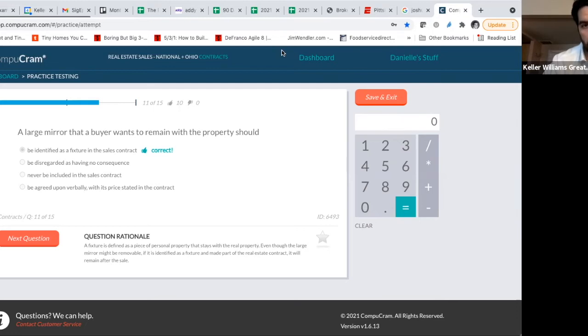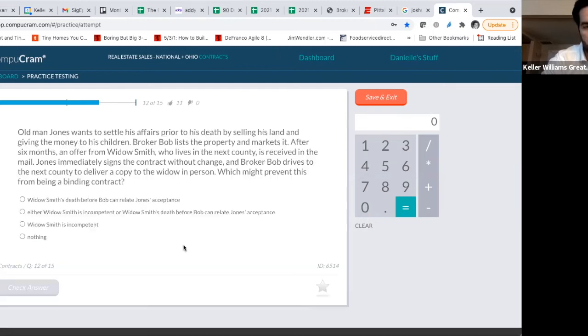You want to make sure you identify them as a fixture so that they're part of the real property and therefore part of the real estate contract. Otherwise, you would have to put it on a separate bill of sale. That's where personal property goes. Personal property does not go in a real estate contract. Real estate contracts are only for real property. And so your workaround there is to identify things as fixtures.